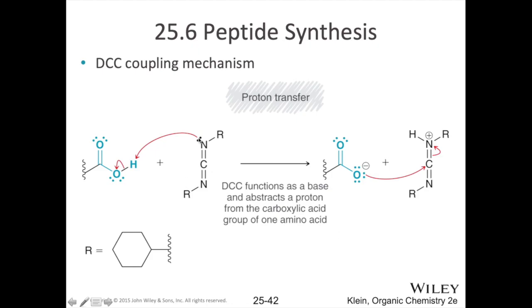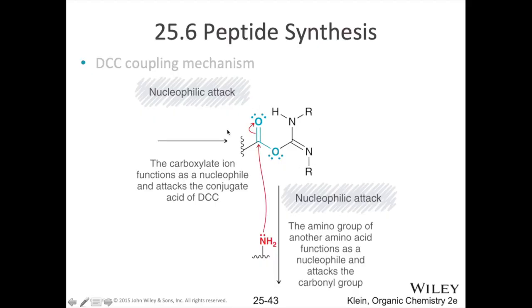All right, so what happens is basically once you deprotonate your carboxylic acid, your carboxylate attacks the carbon of your DCC, and you form this intermediate where your carbonyl is prone to an attack from the amino group of your other amino acid.